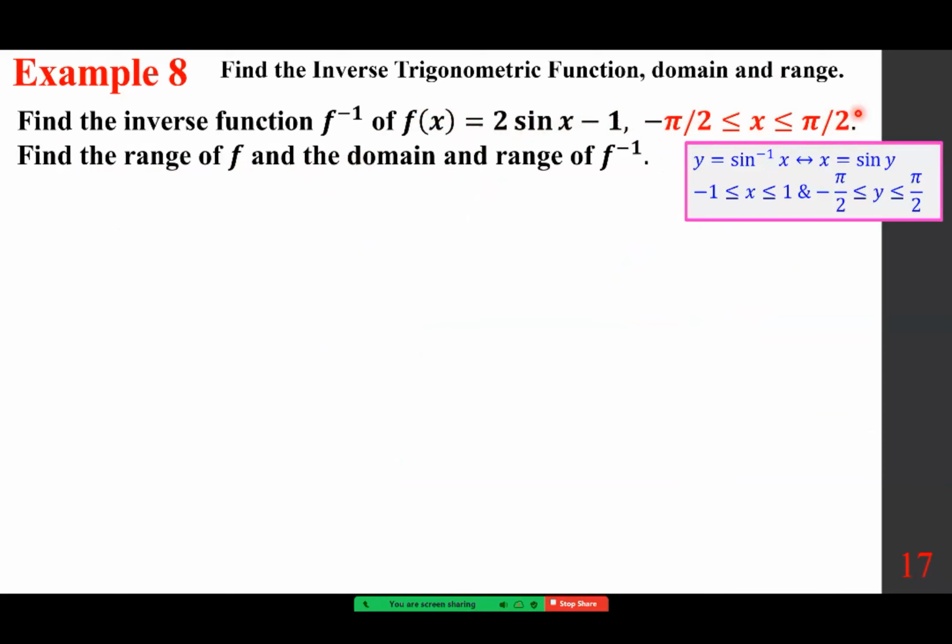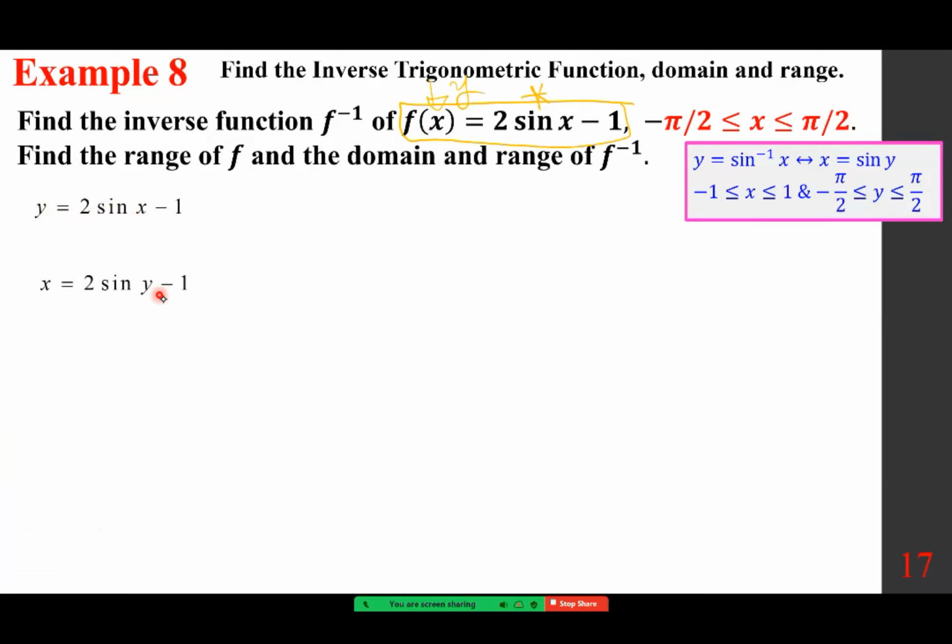So remember how we find the inverse. First, we change f of x to y because it makes it easier to work with. Interchange x and y. This becomes x, this becomes y. And right here we have the inverse.